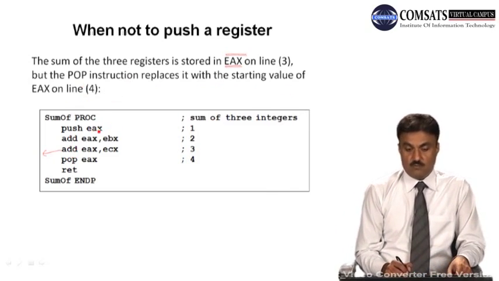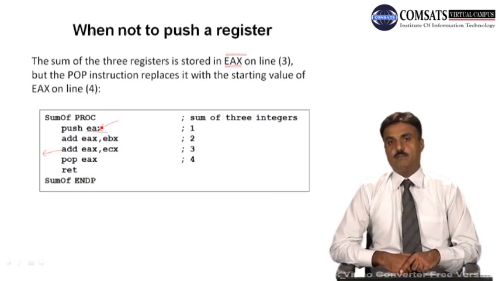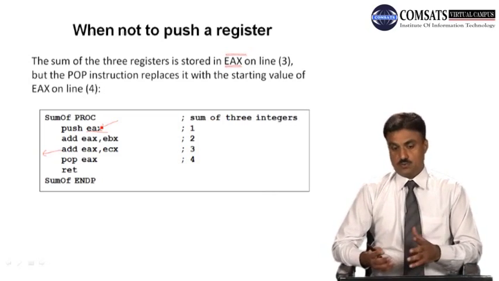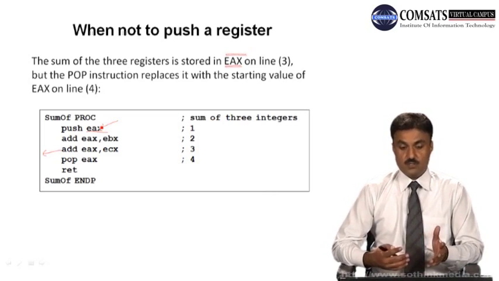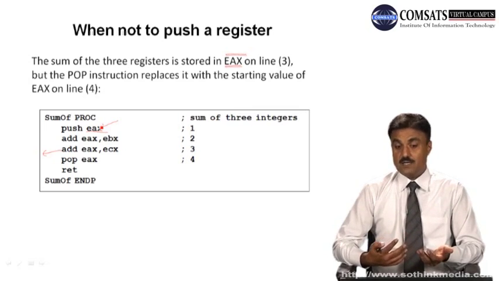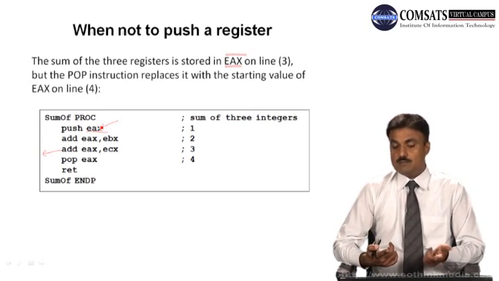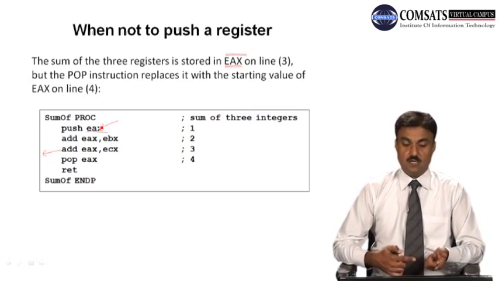So for example, we push EAX, we put the contents of EAX inside the stack. We store that EAX content by using push. The next instruction, we add EAX and EBX, so contents have been added. Then ECX is also added to EAX.